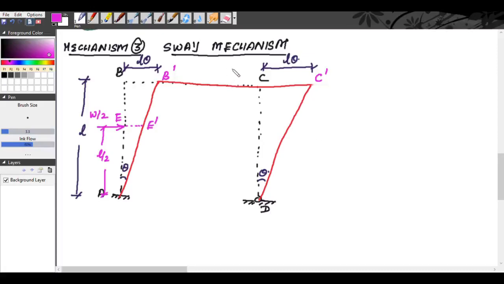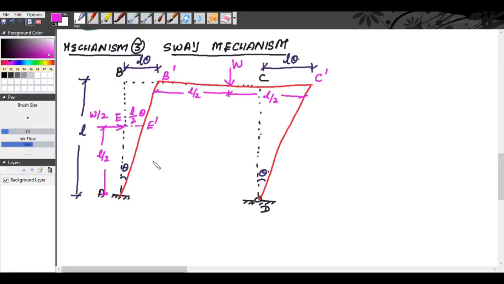Here at the midspan, you have a concentrated load of W acting at a distance of L by 2 from B and L by 2 from C. So this is L by 2 and this is L by 2. Okay, now everything is over. So the distance E dash will be equal to, this is L by 2, this is theta. So E dash is equal to L by 2 theta.